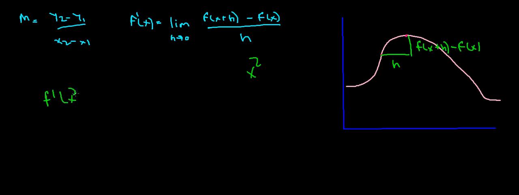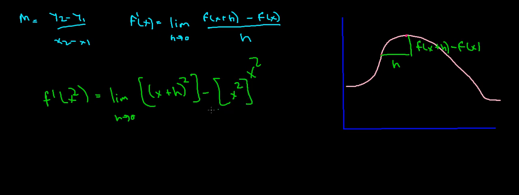So f prime of x squared: f of x plus h, that's going to be x plus h squared, minus f of x, which is just going to be itself, over h.